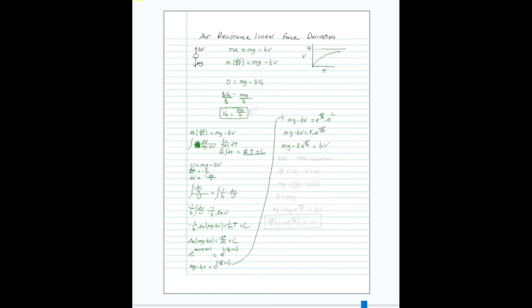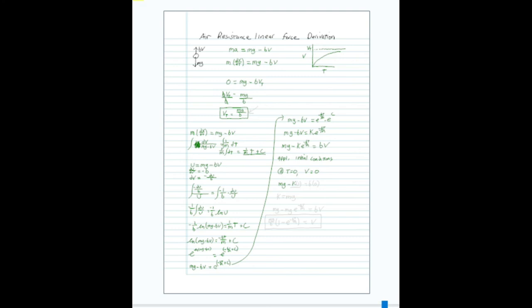All right, so I could solve for v now, but it's going to make the constant a little sloppier, so I'm going to actually apply the initial conditions now. Initial conditions. And that is, at t equals 0, the velocity is 0. In other words, it starts from rest. So if I do that in this case, I have mg minus k times e to the 0 over m.